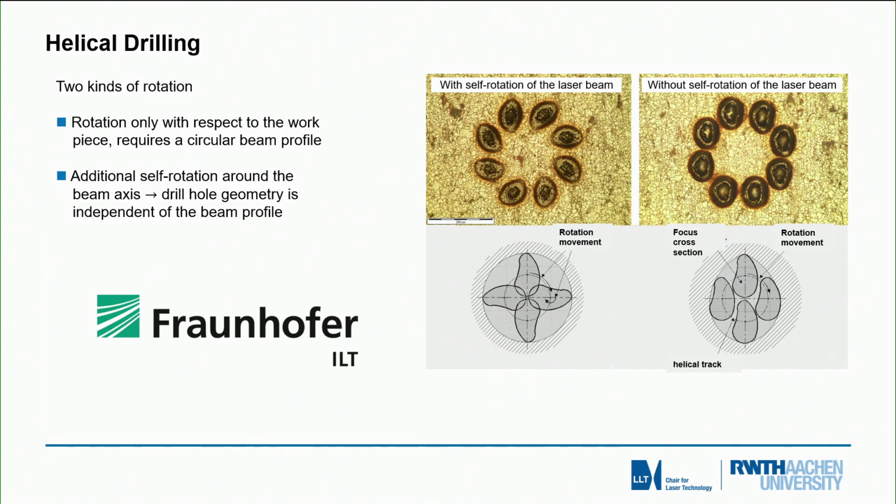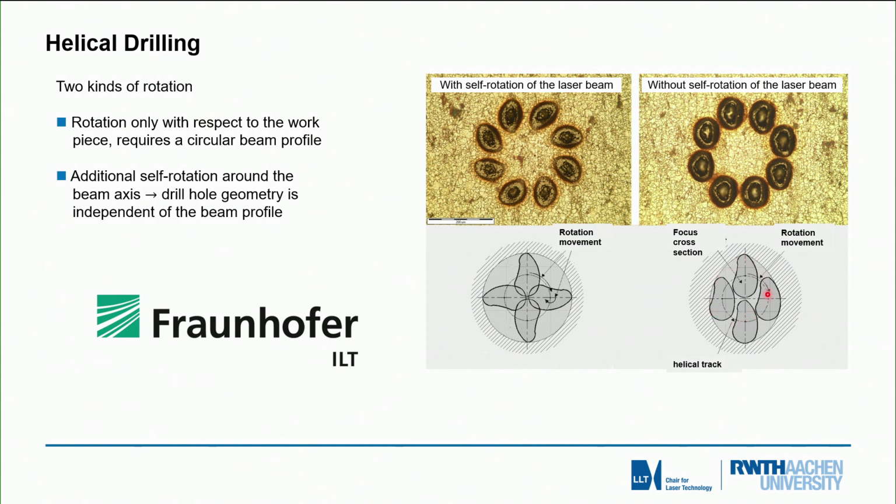In these schematics and pictures of helical drilling, you see on the top right a footprint of several pulses under the same orientation of the laser pulse. So here the laser is simply positioned at different points on that radius which we want to drill, but the relative position is kept constant.